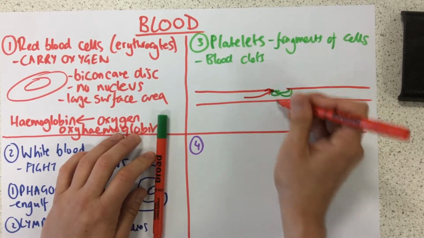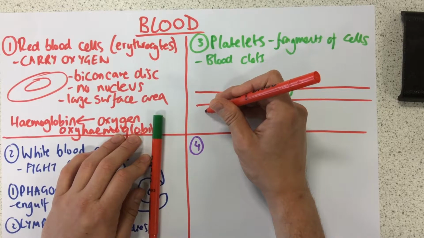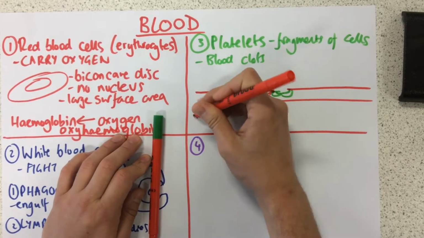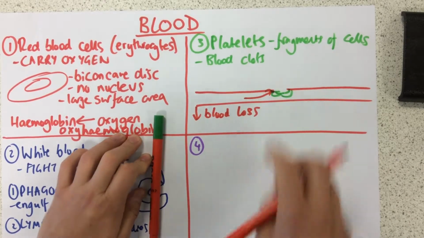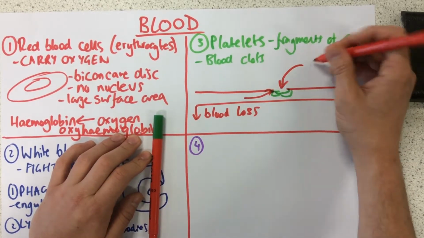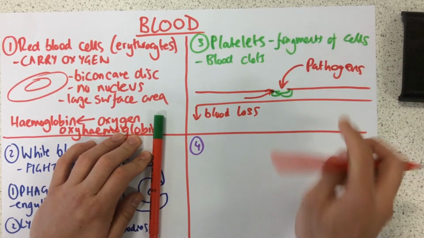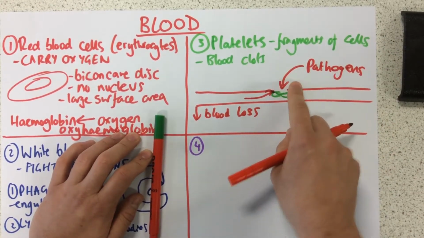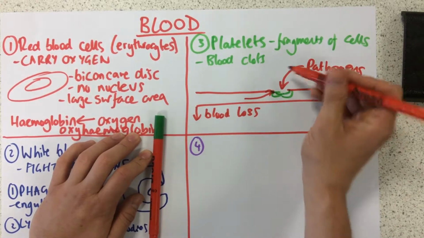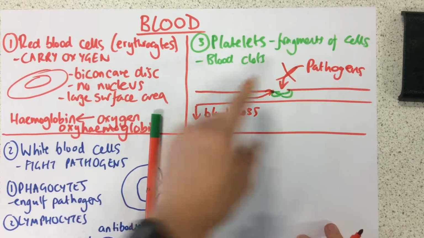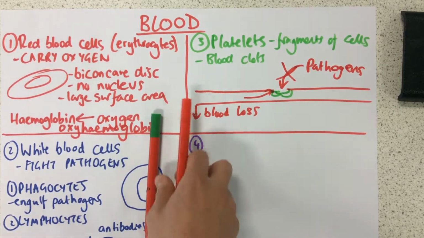First of all, this means there's no further blood loss, because no blood can now exit through here. Secondly, it means that pathogens, those microorganisms that give us a disease, cannot get in anymore. So the platelets have served their purpose by forming that clot.